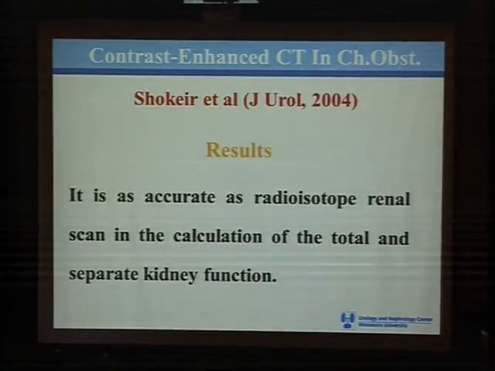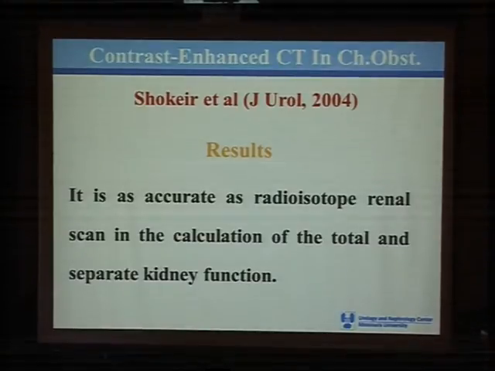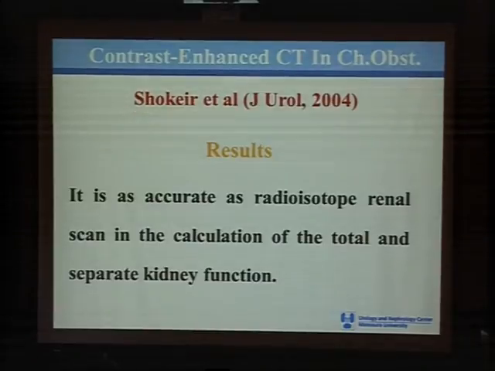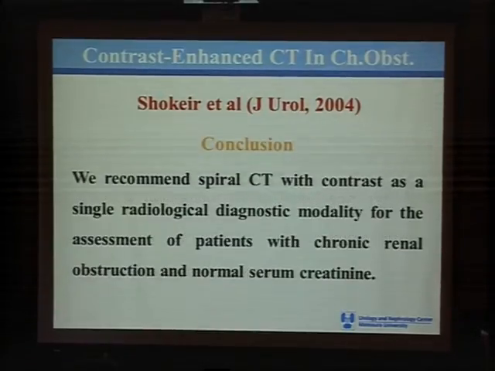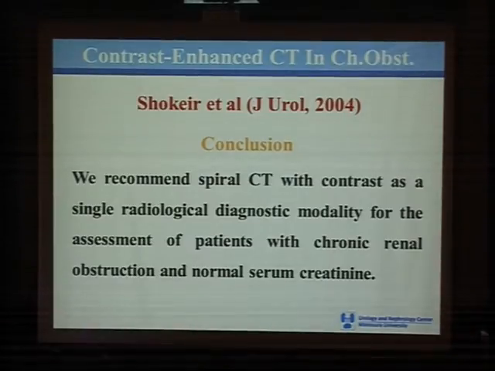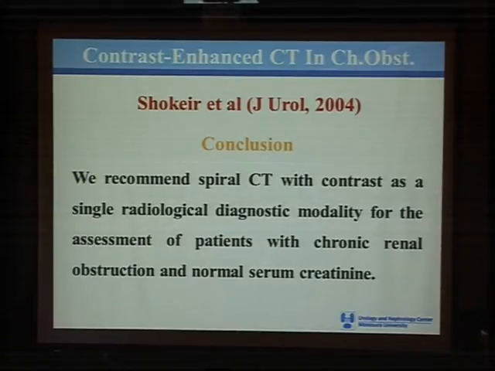So CT with contrast can diagnose obstruction, and also it can assess the selective renal function of the right and left kidney. We concluded that we recommend the spiral CT with contrast as a single radiological diagnostic modality for the assessment of patients with chronic renal obstruction and normal serum creatinine.